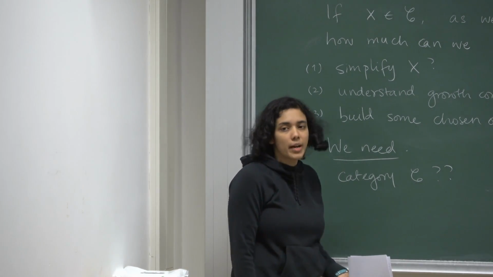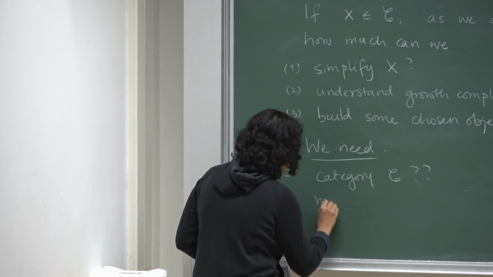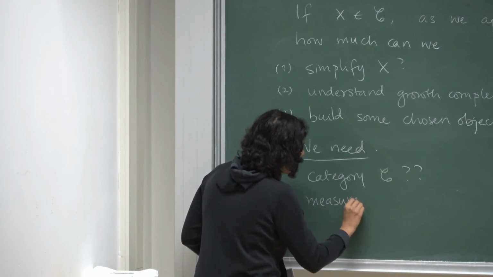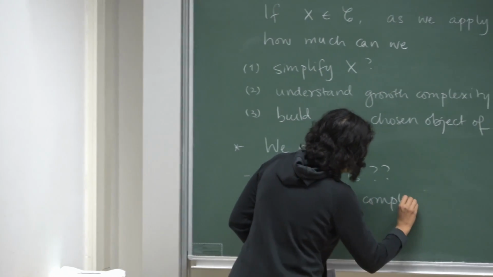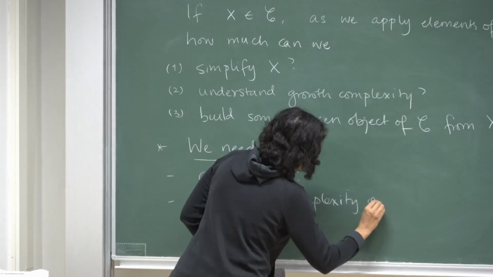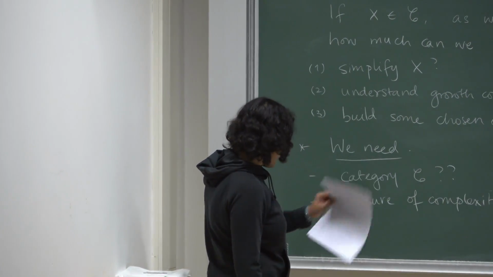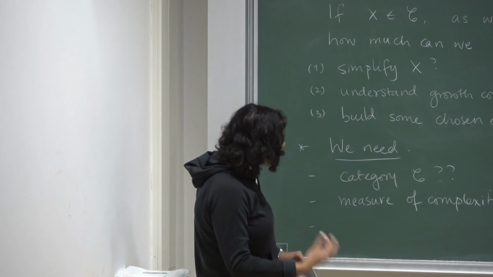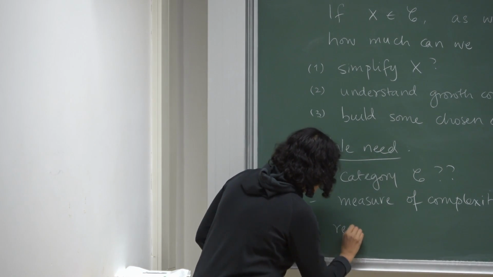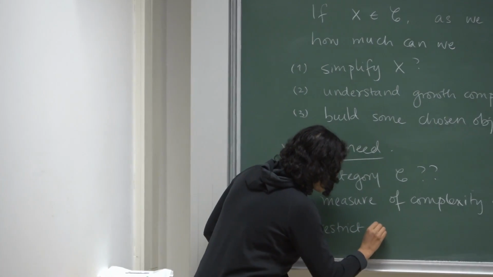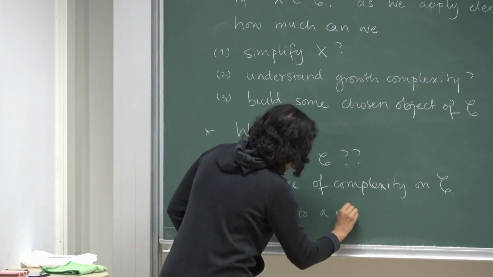So we need some kind of measure of complexity on the objects of the category, some way to measure how big the objects are. And we'll also need, and this is not obvious, but it's convenient, to restrict to some nice collection of objects, which I alluded to in the beginning.